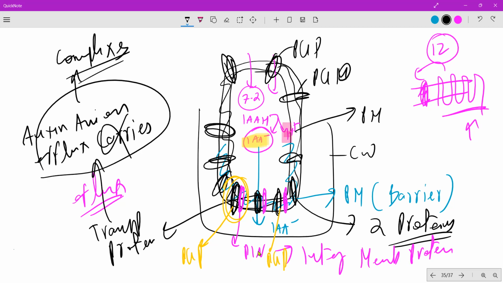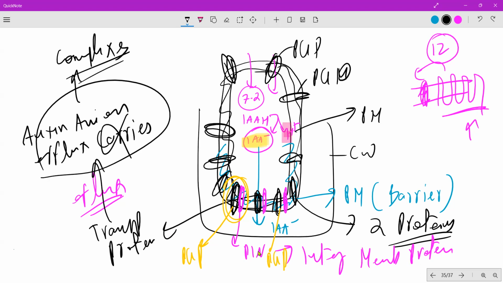But how they function in oxygen transport, no clarity. But what we know is कि जो PGPs हैं at lower ends, they function synergistically with pin proteins. There's some kind of synergy, there's some kind of coordination with pin proteins.